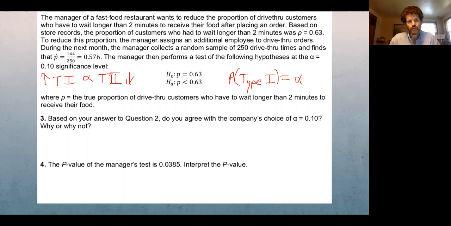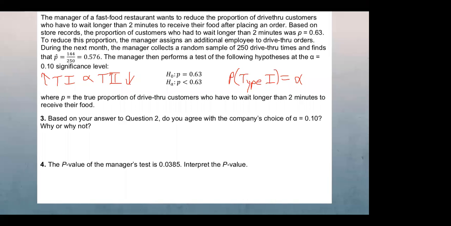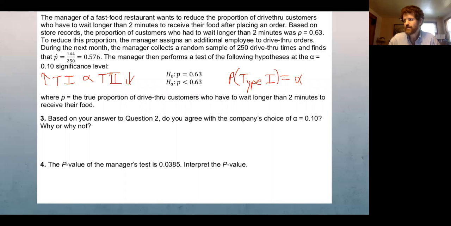So do we want a higher type 1 or a lower? Or do we want a higher significance level or a lower significance level? Higher? Higher. I know this requires like 3 steps of abstraction for us to work through this.